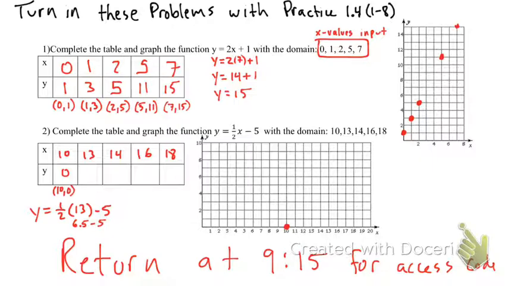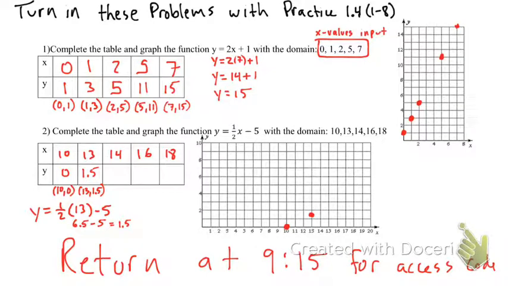Minus 5, that's going to give me positive 1.5. So my next point is (13, 1.5). So let's plot that. 13 and 1.5, that's about right here, halfway up from 1 to 2.